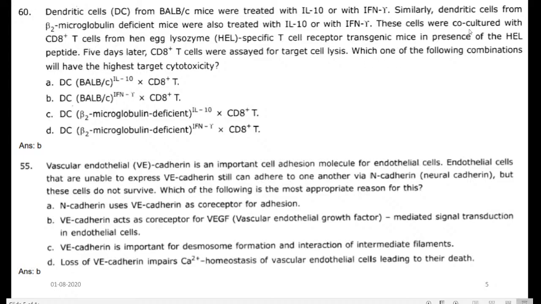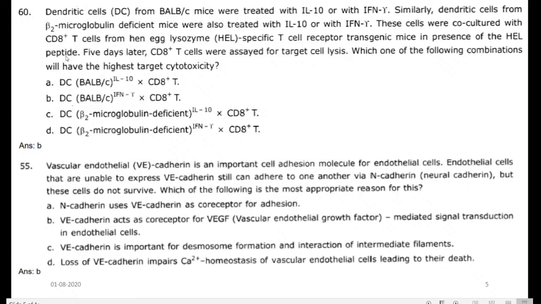These cells were co-cultured with CD8 plus T cells from Ken-egg lysozyme specific T cell receptor transgenic mice, in the presence of the HEL peptide, which we all know.